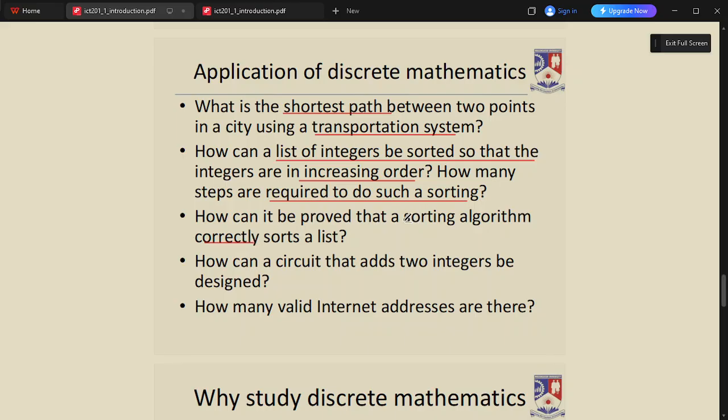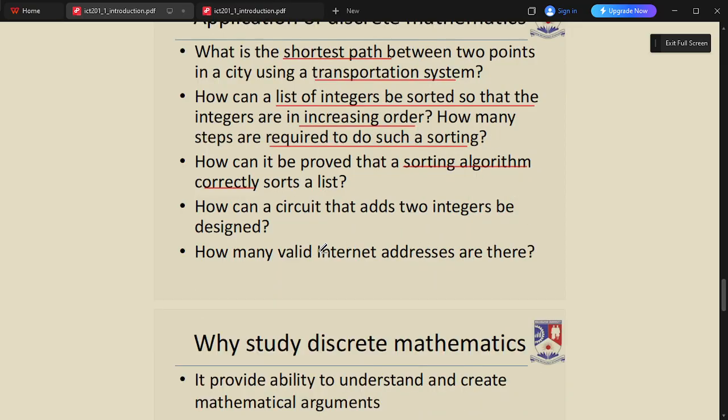Discrete mathematics can help you know how you can add two integers in a circuit that is being designed, and how many valid addresses, or rather say internet addresses, can exist.